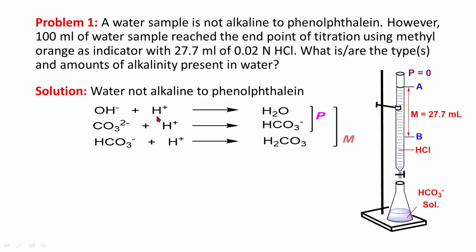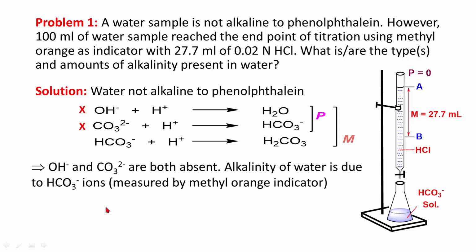Hydroxyl ions react with acid to give water. Carbonate ions react stepwise with acid to give bicarbonate. These two reactions are indicated by phenolphthalein indicator. Bicarbonate ions react further with acid to give carbonic acid. These three reactions are indicated by methyl orange.